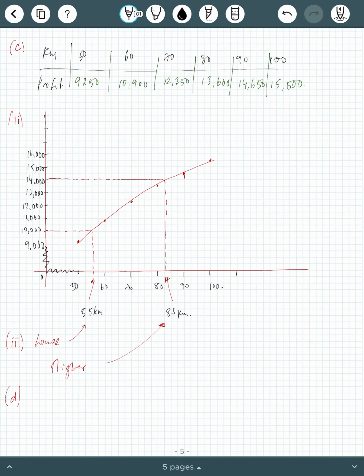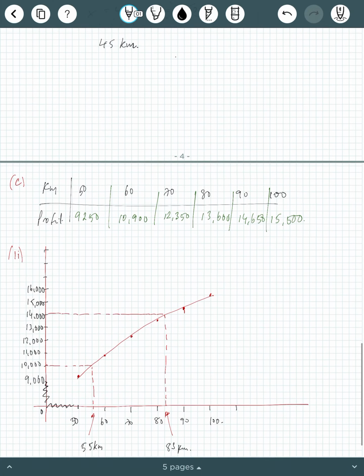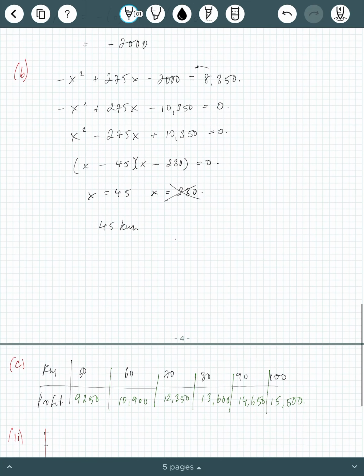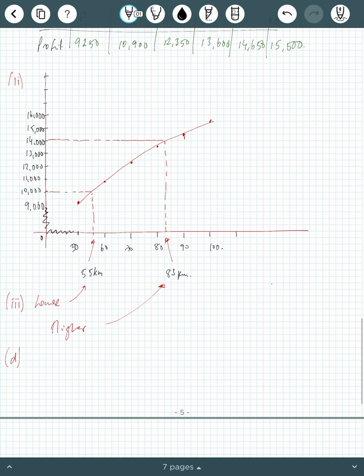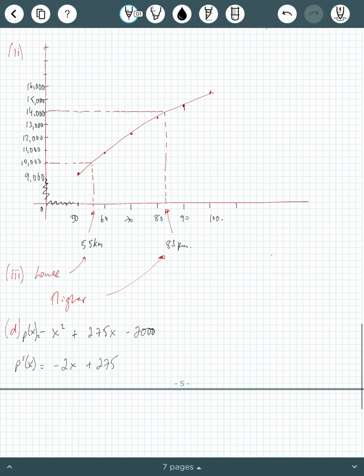So again, you take your function as it was given to us in the question. So minus x squared plus 275x minus 2000, and differentiate that. That was P(x). So P dash x will be equal to minus 2x plus 275.